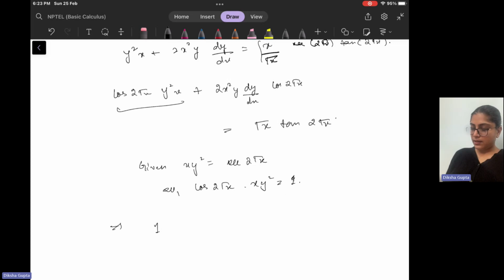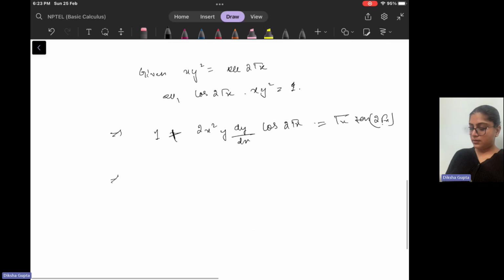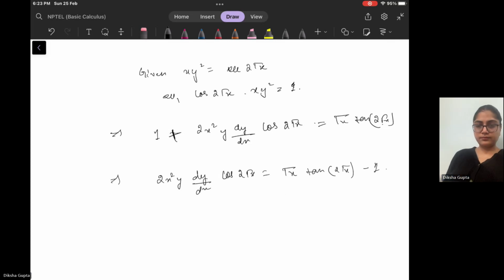So this implies 1 = 2x²y (dy/dx) cos(2√x), so 1 plus... equals √x tan(2√x). So this implies 2x²y (dy/dx) cos(2√x) is √x tan(2√x) minus 1.